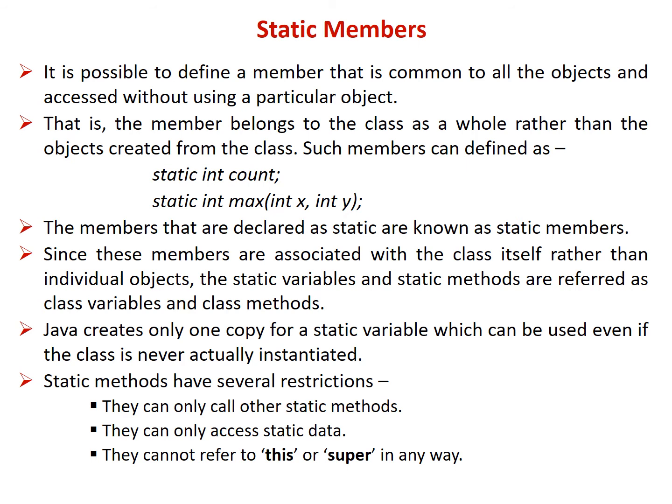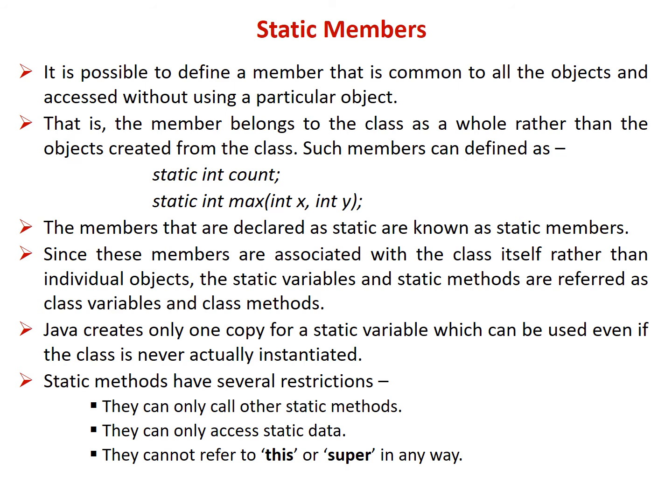The members that are declared as static are known as static members. Since these members are associated with the class itself rather than individual objects, the static variables and static methods are referred to as class variables and class methods.